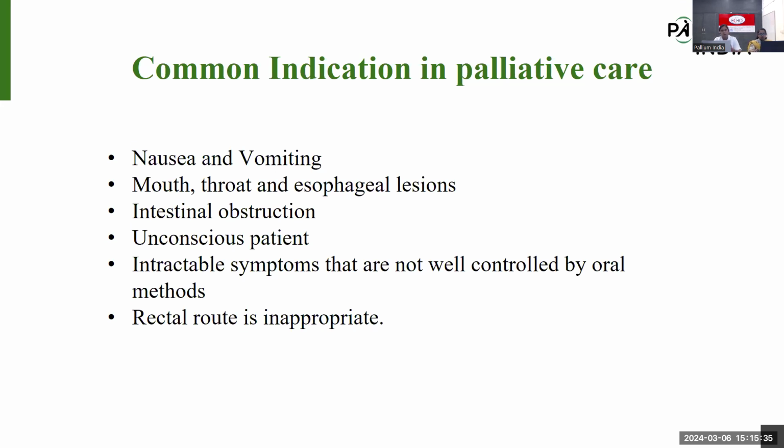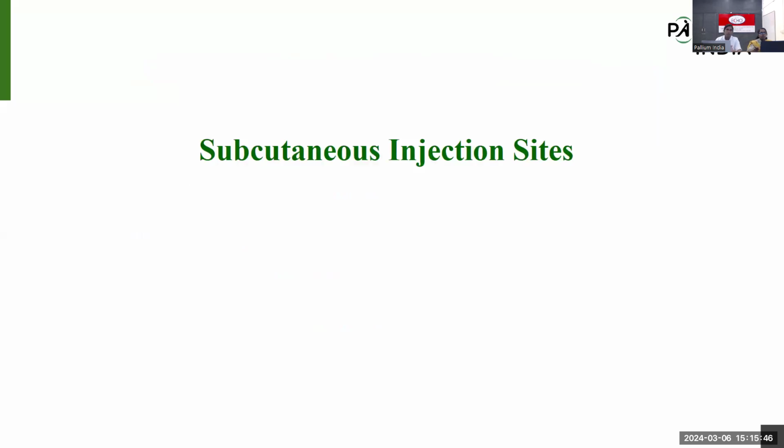We can give morphine rectally, but if the patient is experiencing any diarrhea or spurious diarrhea, we can choose subcutaneous infusion for that patient. Then what are the common subcutaneous injection sites?